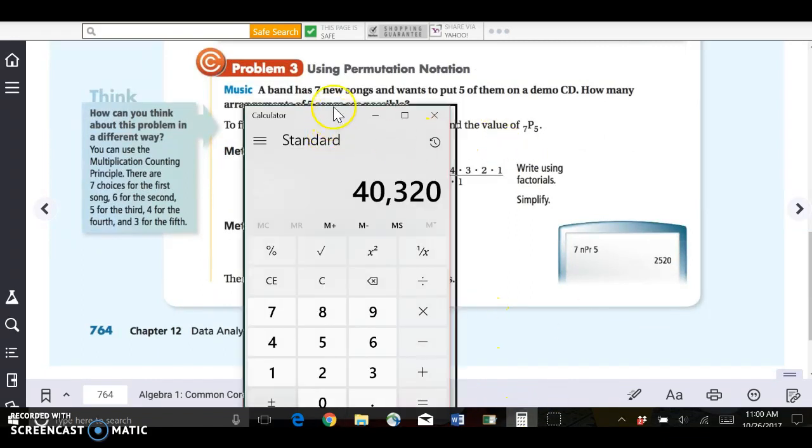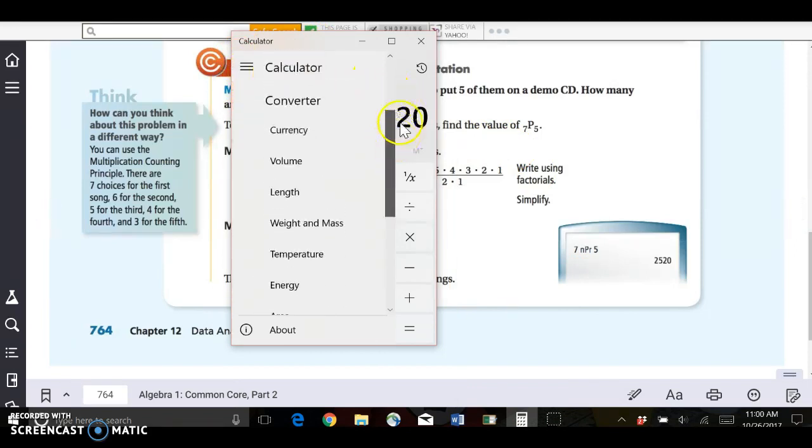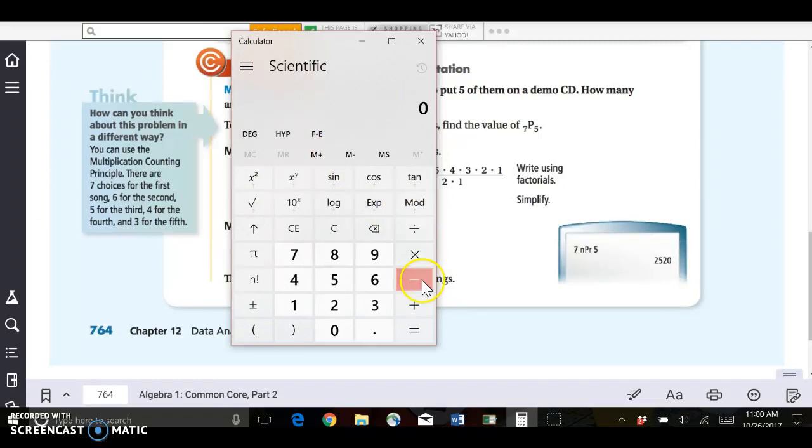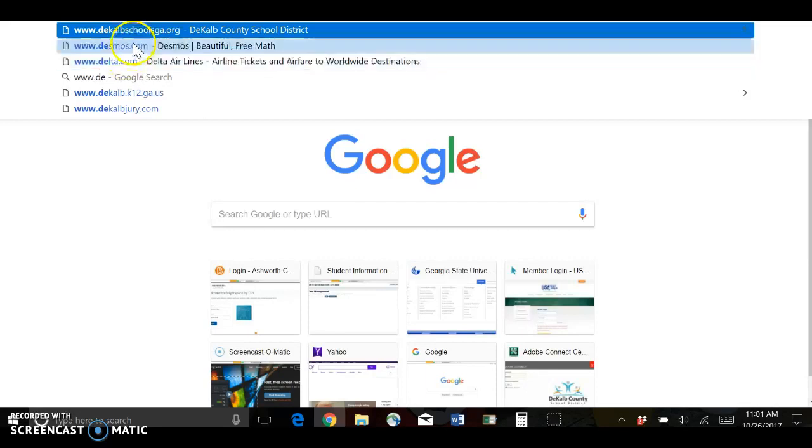Let me see, does mine do it? Scientific. I don't see it here. Oh, I have the factorial button though, but not the permutation. Let me see if I go to my free graphing calculator at www.desmos.com.